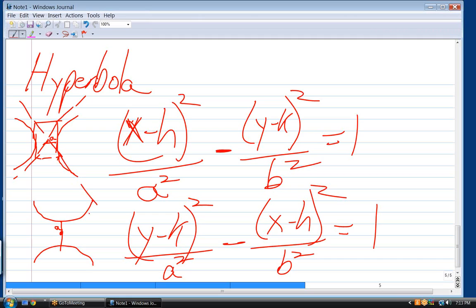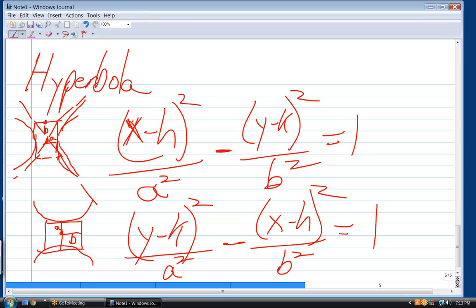In other words, if I extend the diagonals of that box, this hyperbola approaches that asymptote. B is the other dimension. It's from here to here is B. Or in the vertical case, I got a box, and this would be B.